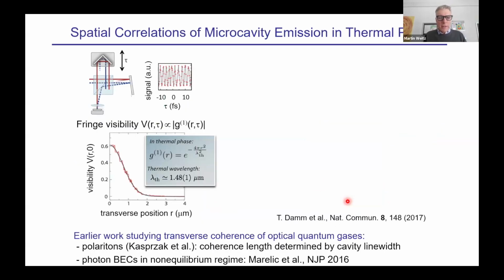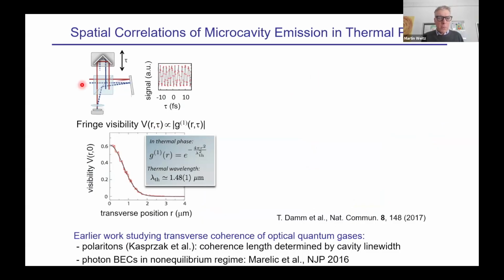So next, I will talk about measurements of spatial correlations of the microcavity emission, basically to test whether we can see macroscopic coherence. First, I will talk about experiments where we took corresponding data in the thermal regime.